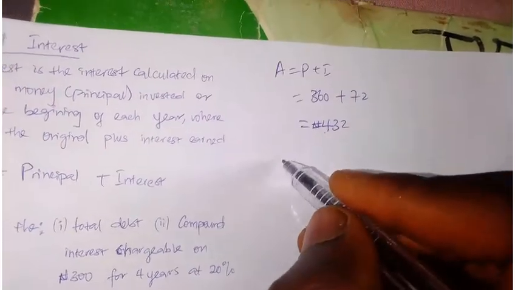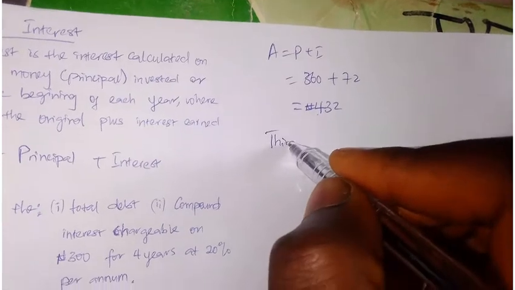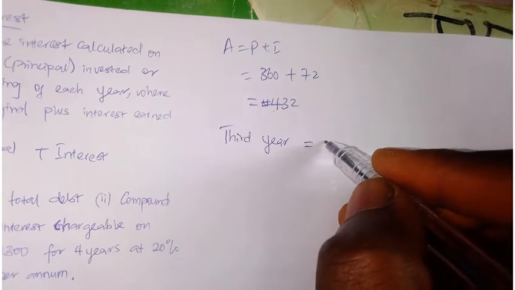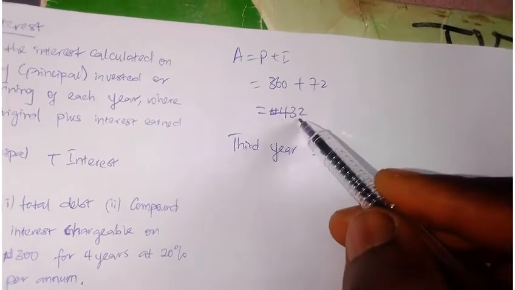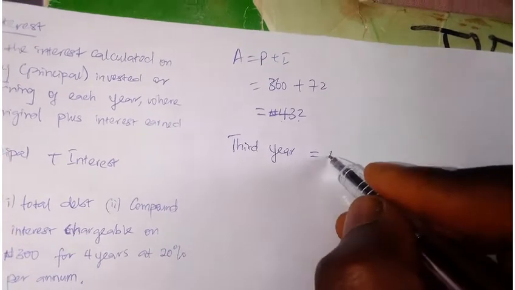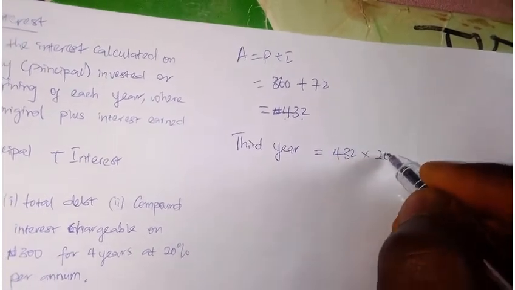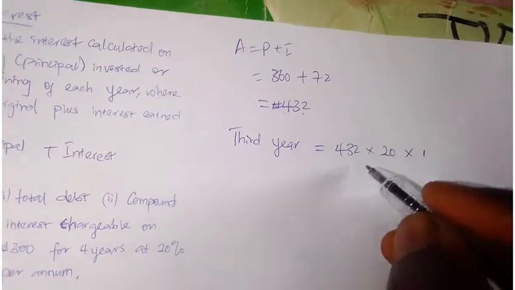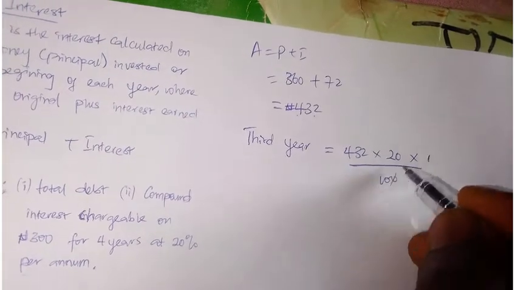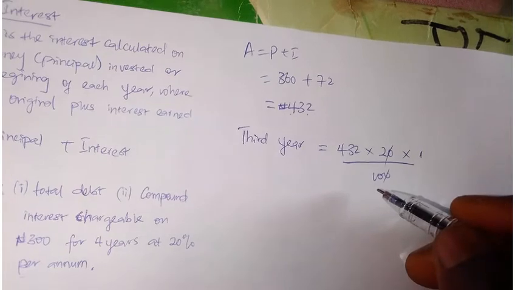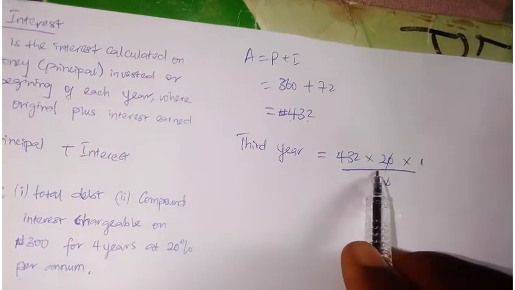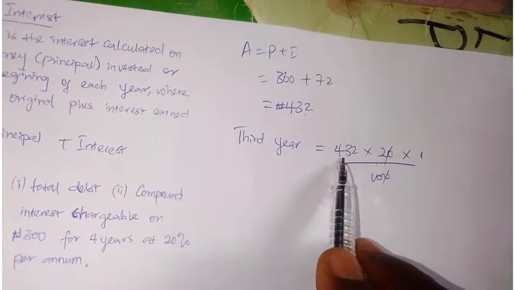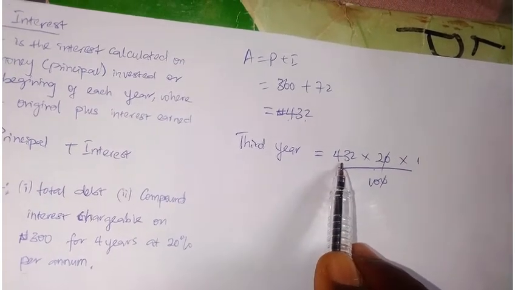Now for the third year, what will I have? I will have the same thing: Principal times rate times time over 100, when my new principal is the last amount I got. That's 432 times rate 20, which remains the same, times 1 over 100. So this cancels this, and I have my answer. This should be 864.